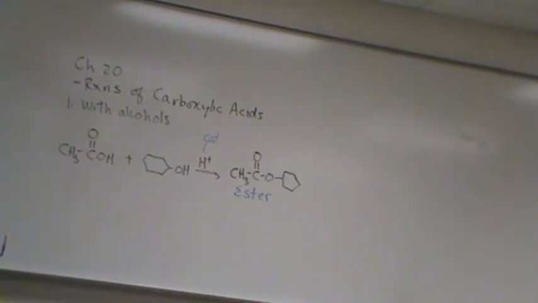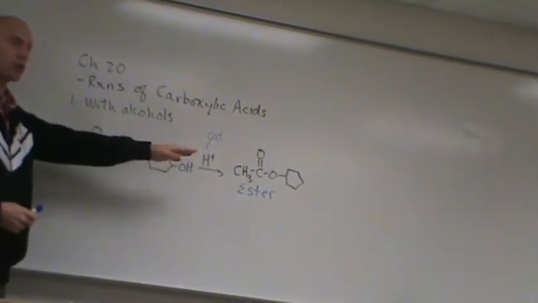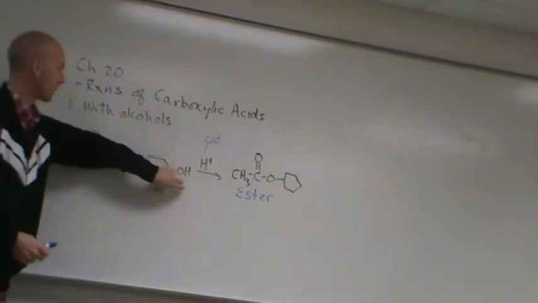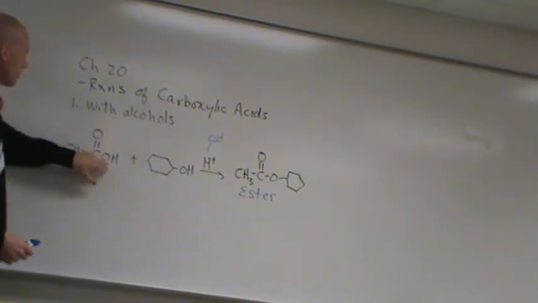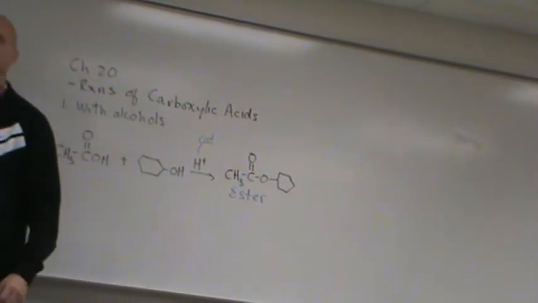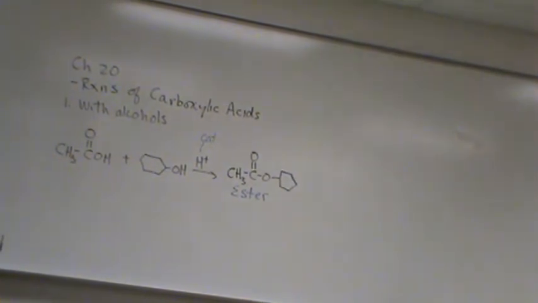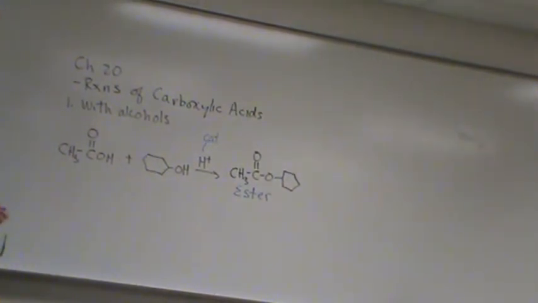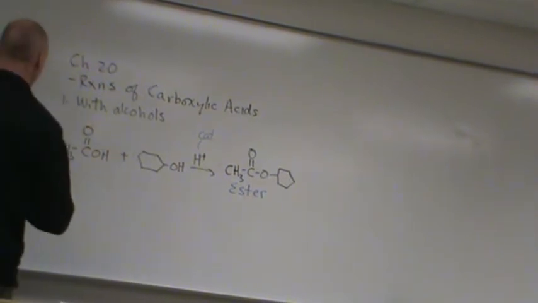So this is the shorthand version. If I just ask for the product, the alcohol substitutes for the OH, and so we get this ester form. But now we want to look at it from the long perspective and look at the mechanism.